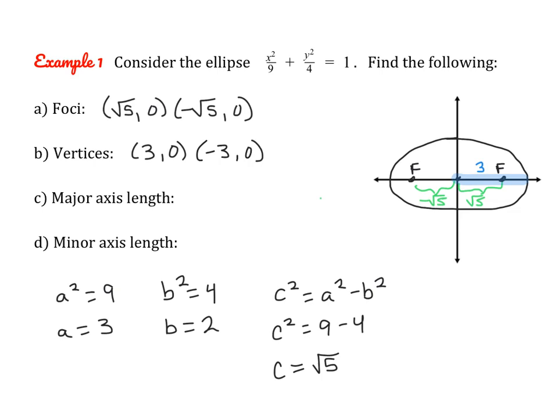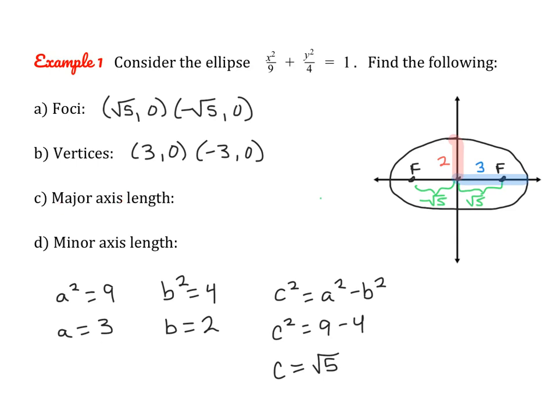And then our b value tells us the distance from the center to what's called a co-vertex. So it's along the minor axis, so this distance is b, which in this case is 2. So that means that this point would be at 0, 2, and this would be at 0, negative 2. So sometimes you're asked to find what are called the co-vertices, but in this case we only need the vertices, which are on the major axis.